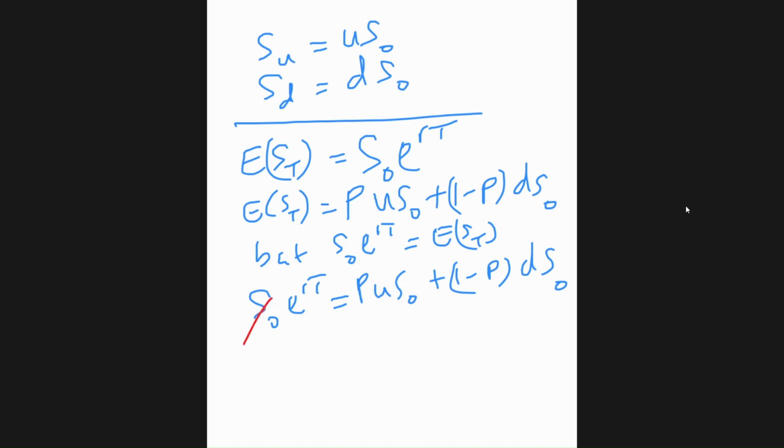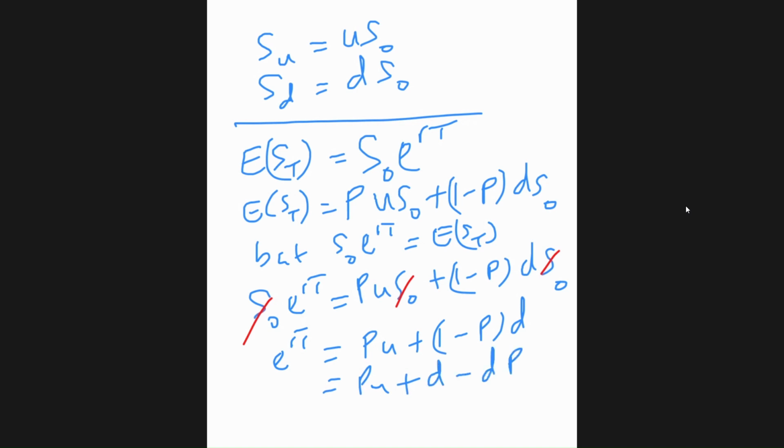So this and this can cancel, so that we remain with exponential RT is equal to PU plus 1 minus P times D. So maybe to open, I can say PU plus D minus DP.